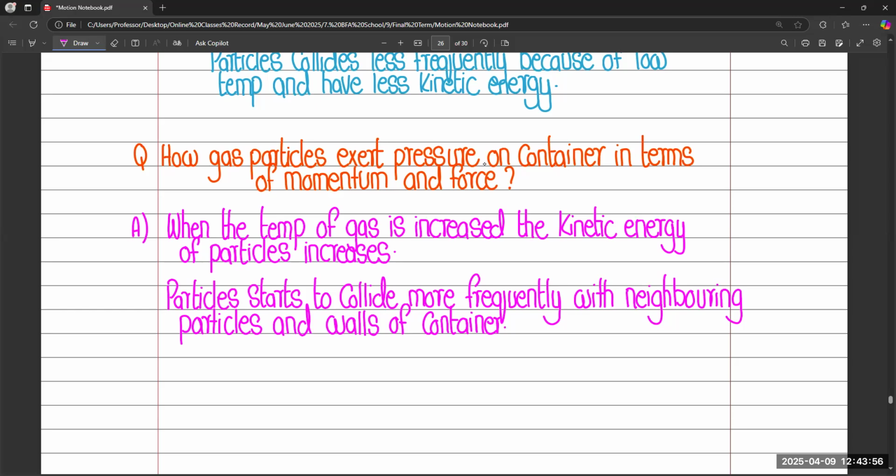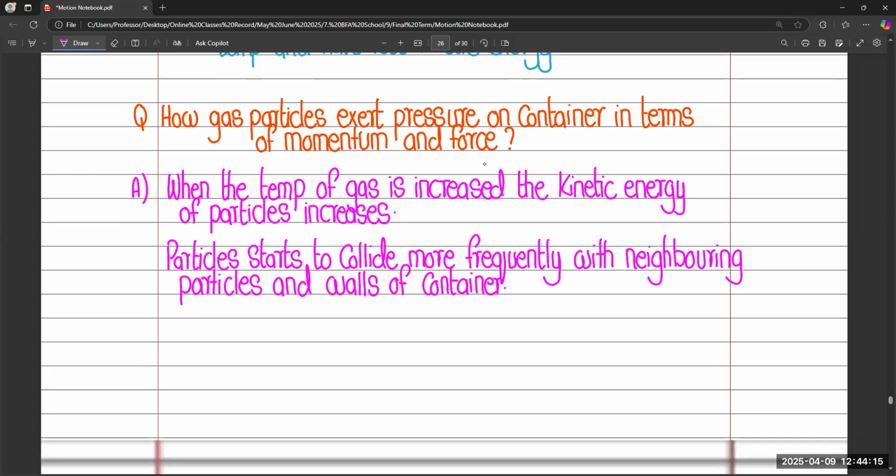So when particles get more kinetic energy, they start to collide with the neighboring particles in a container, just like when we start to boil water. Bubbles form in the water because particles are getting energy. They start to collide with the neighboring particles and the wall of the container also.